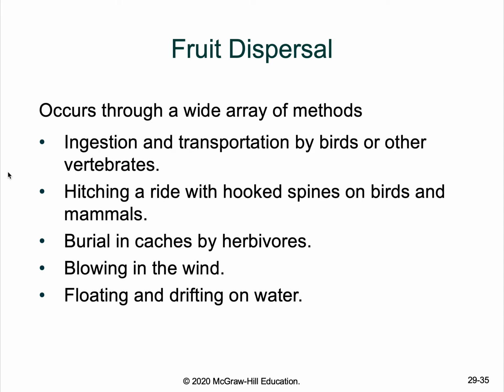It's for the genes to continue, right? Once an animal smells the fruit, sees the fruit, is attracted to those bright colors and the scents, it eats the food. Inside of the fruit are the seeds. Those seeds then get moved somewhere else, and so it continues the gene. It's very interesting how that works.